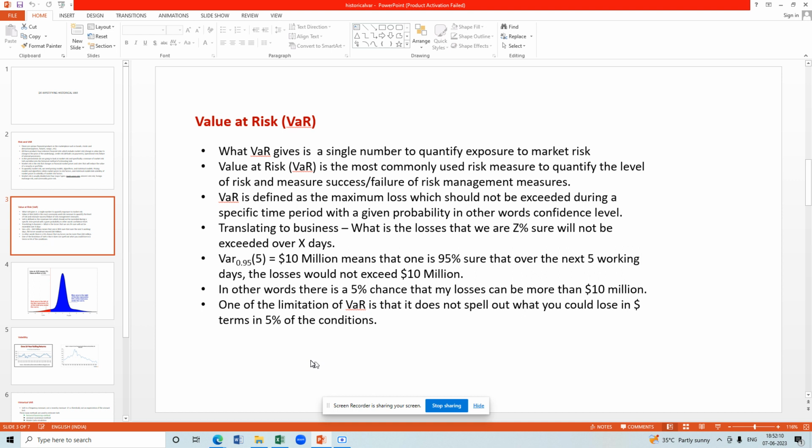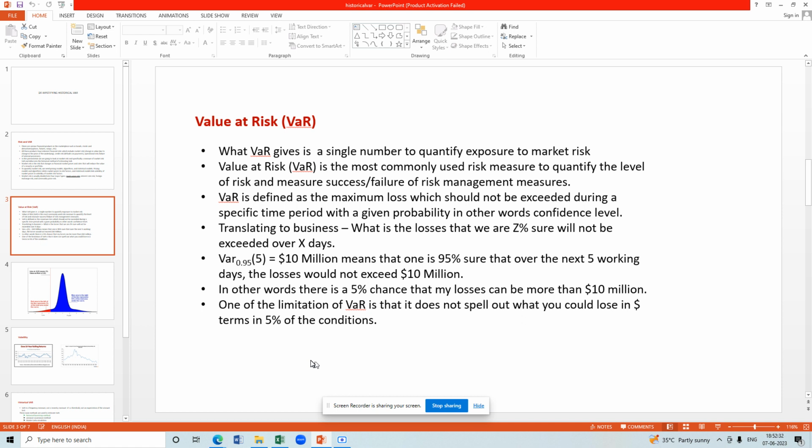Now, what it defines is the maximum loss which should not be exceeded during a specific time period with a given probability, or in other words, a confidence level. So, there are three aspects which are important here: maximum loss, specific time period, and confidence level.